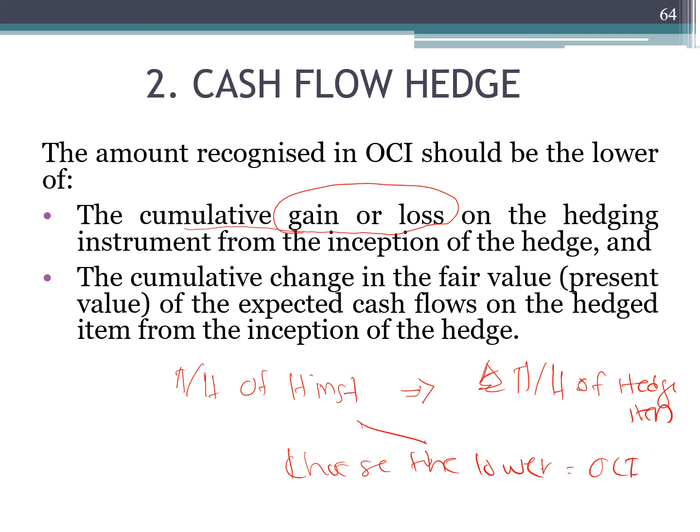So choose between the changes in the value of the hedge instrument and the changes in the value of the hedge item, and then choose the lower, and transfer it to other comprehensive income.